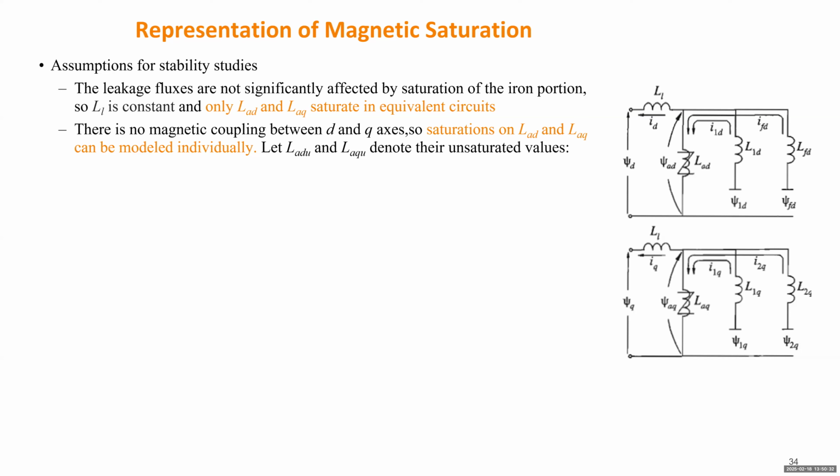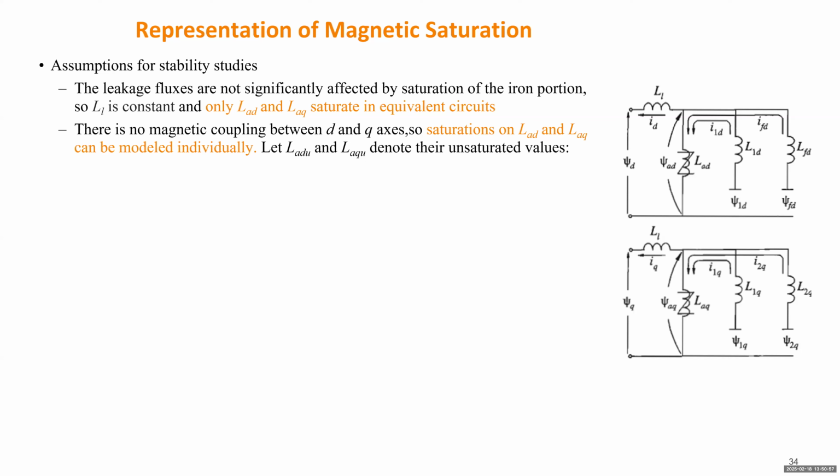The second is there's no magnetic coupling between D and Q axis. This is pretty reasonable. So the saturations on D and Q axis can be studied separately, which means you need to find the inductance without saturation in the D axis and another value for the Q axis.